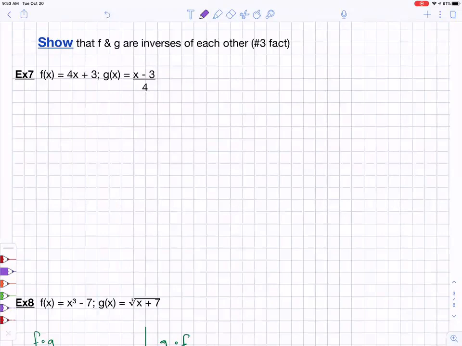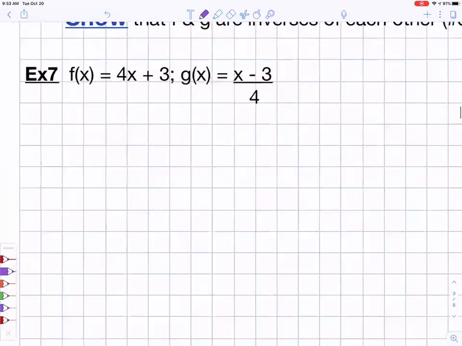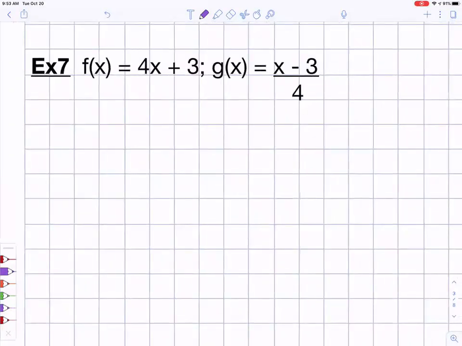Okay, so this is a good time to review something that we learned back in chapter 2. Remember in chapter 2, we found f of g of x. That's not the way I wrote it in your interesting facts, but this was the way to write it that was easier to understand because it showed the order of operations.